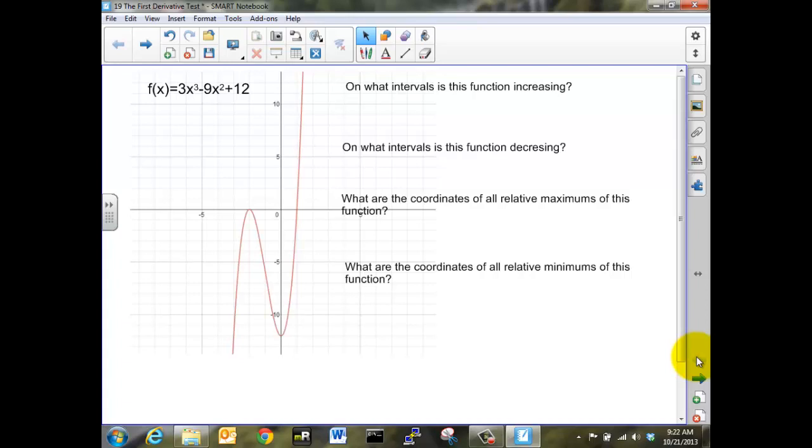So let's look at this, and Amanda, you keep trying to download that. Look at this picture and answer these questions. Talk to a buddy. Talk to somebody close to you. Write down what you think are the answers for these. On what intervals is this function increasing? On what intervals is it decreasing? What are the coordinates of the relative max and relative min?